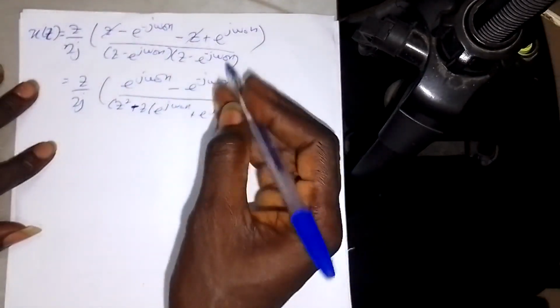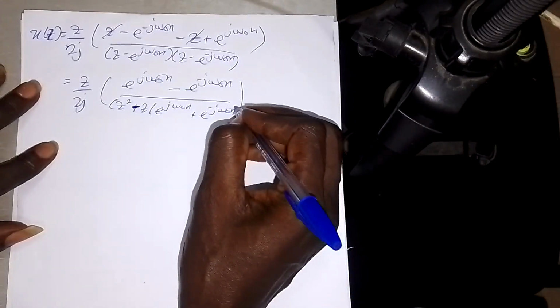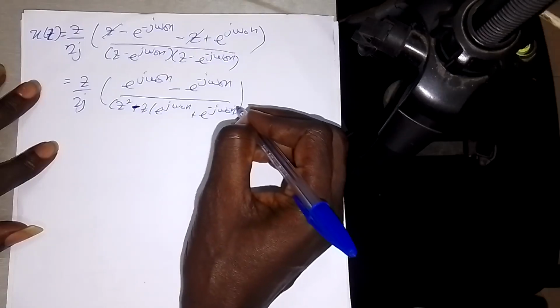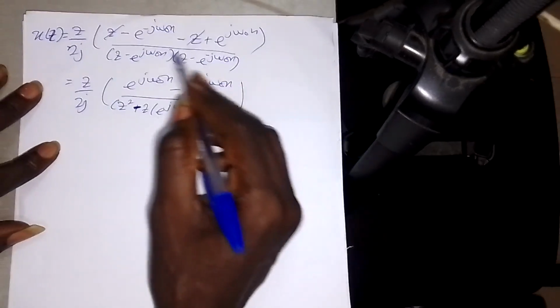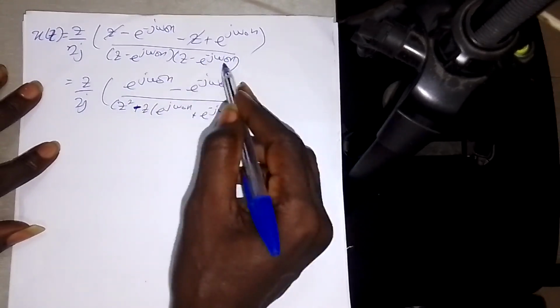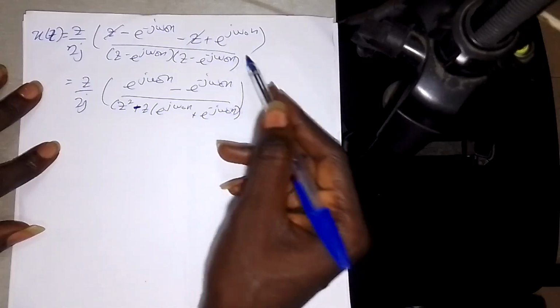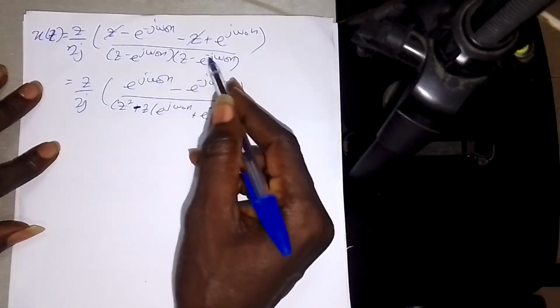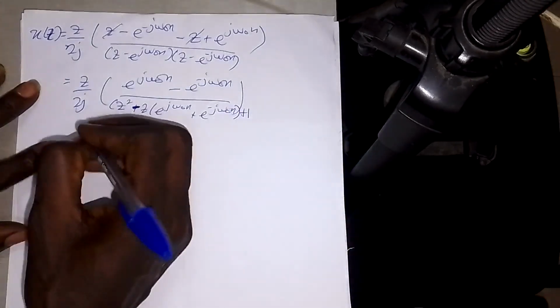Okay, so now I can just bring here negative. What will I have again? I'm going to have this guy into this guy. Basically, whenever you have e^(jω₀n) times e^(-jω₀n), I told you that it gives 1, and then minus minus will be positive, so plus 1. Let me rewrite it again.